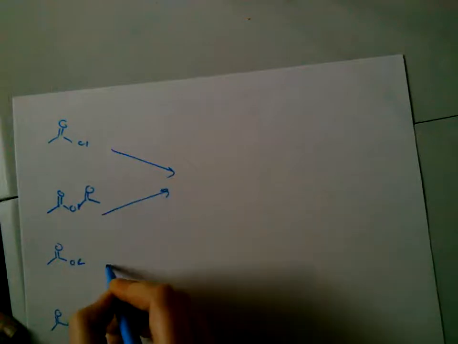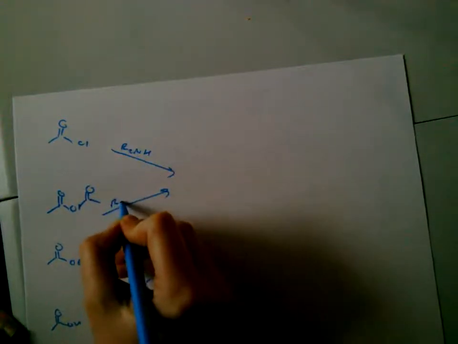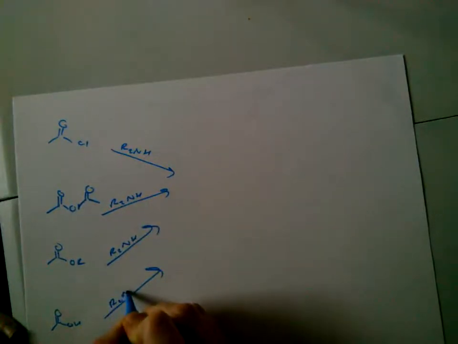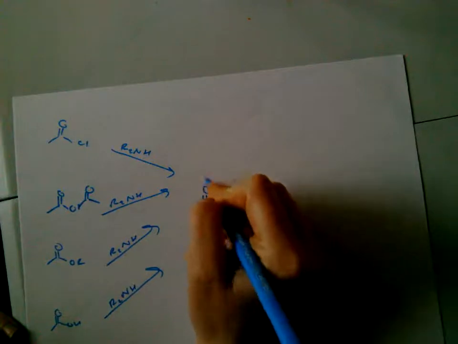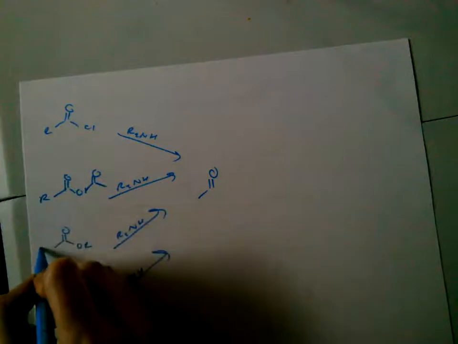All of these. And you use the same reagent for all of these, R2NH, and you get an amide for all of these. We'll say this is R, and this is R prime.